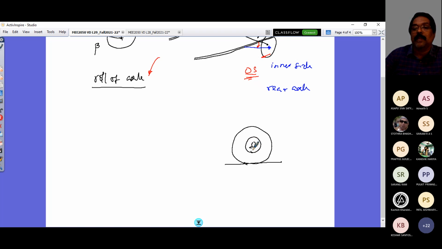So here is a schematic diagram of this. This is the wheel, and my roll center is somewhere here. So this is my roll center.